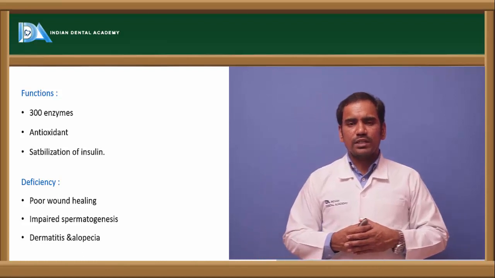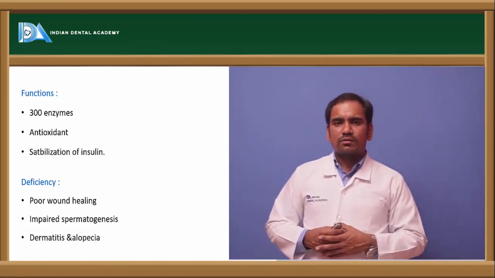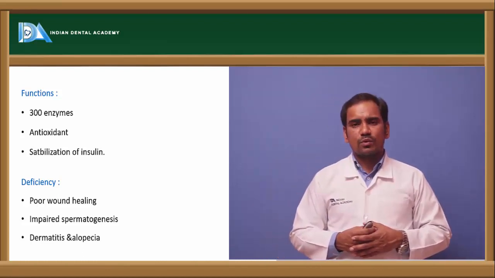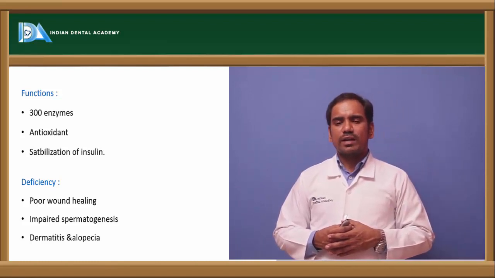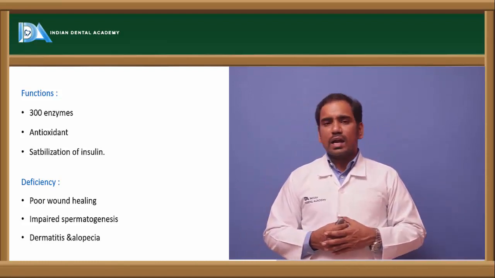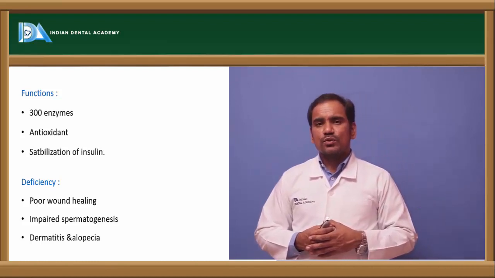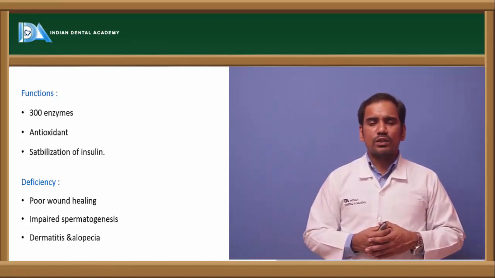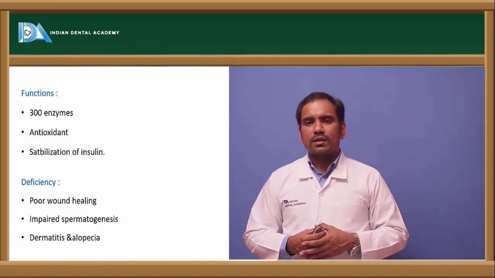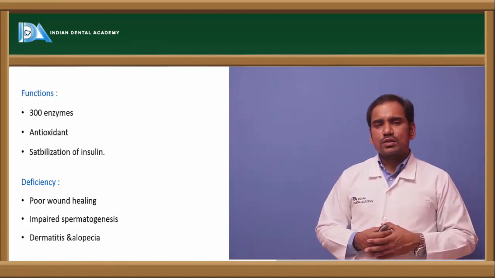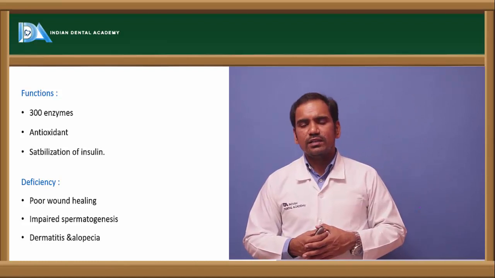Coming to the functions of zinc, zinc is required for the activity of many enzymes. Over 300 enzymes require zinc for their activity. Zinc also acts as an antioxidant because superoxide dismutase, which is involved in the detoxification of free radicals, requires zinc for its activity.